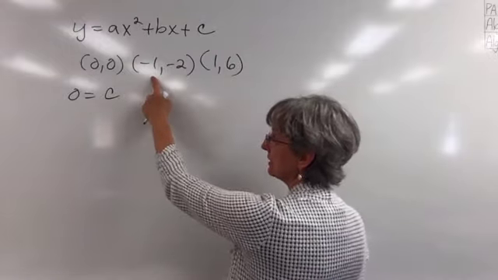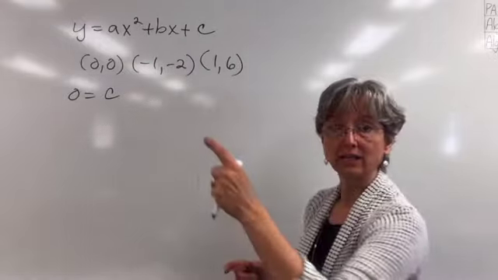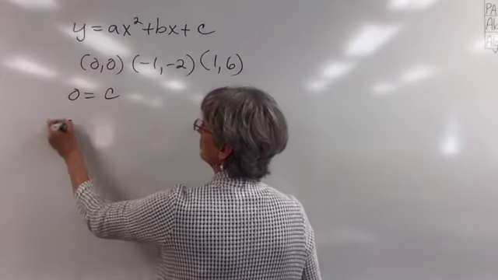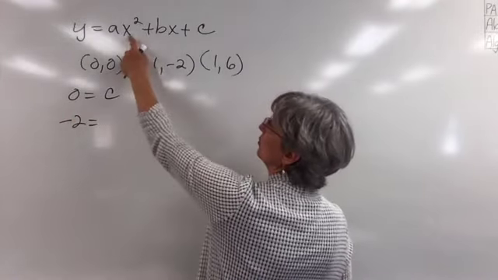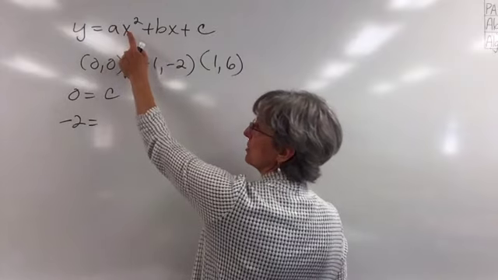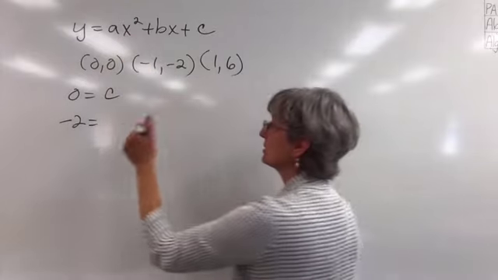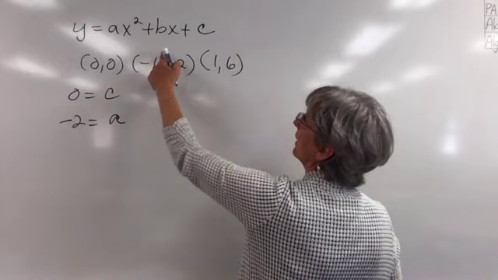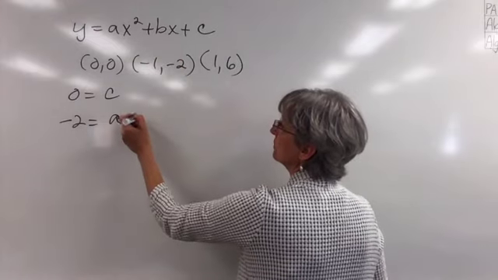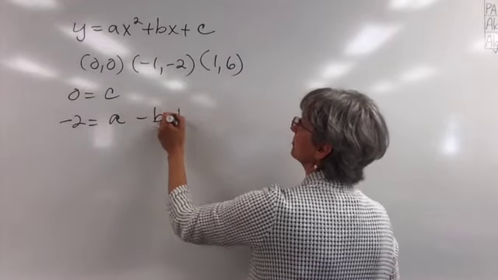When x is -1, y is -2. So put that in the equation. Make y -2. -2 is equal to, when x is -1, -1 squared is 1, so this is just 1a, and this is -1b, minus b, plus c.